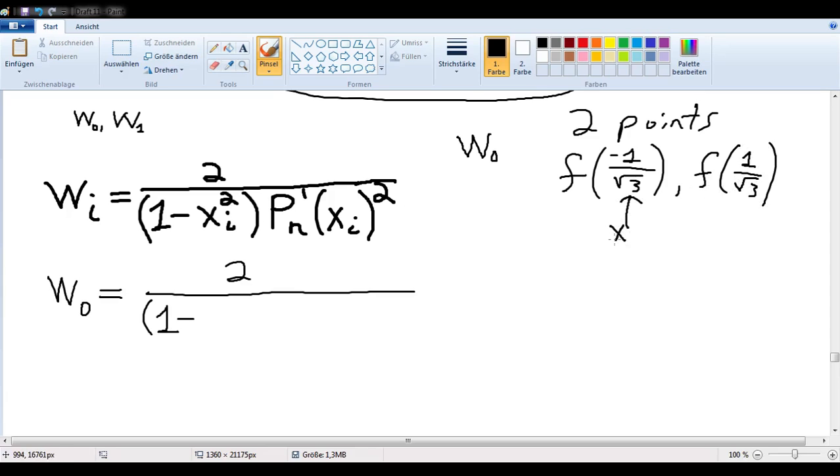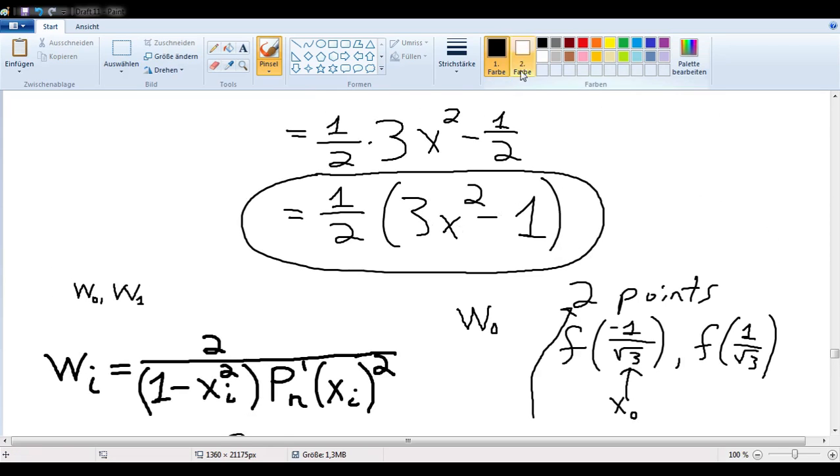And so we called this x naught. So, well, how about we just write that in here? X naught squared, although we see that that's x naught, so we can just go ahead and type that in there. X naught was -1 over the square root of 3 squared times, now we need the derivative of p2, because p2 is the Legendre polynomial that we need when we have 2 points, and that's the one that we just derived here, right?